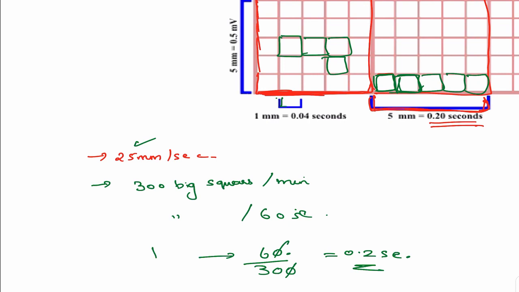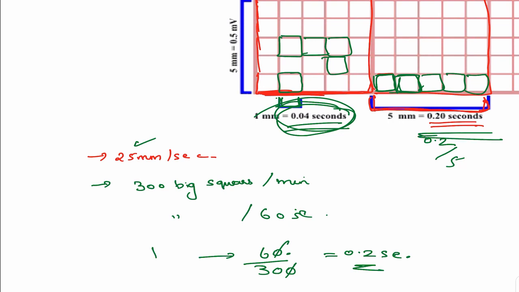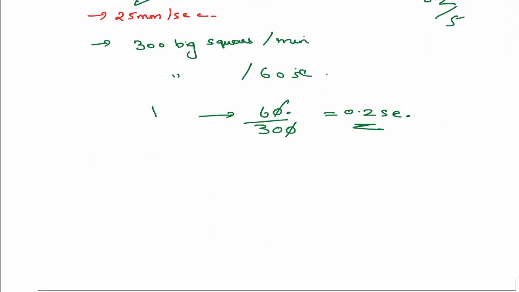So for each small square, if you divide 0.2 by 5, we get 0.04 second. That is, the ECG machine covers one small square in 0.04 seconds, and one big square in 0.2 seconds. So the most important thing, forget about big squares.